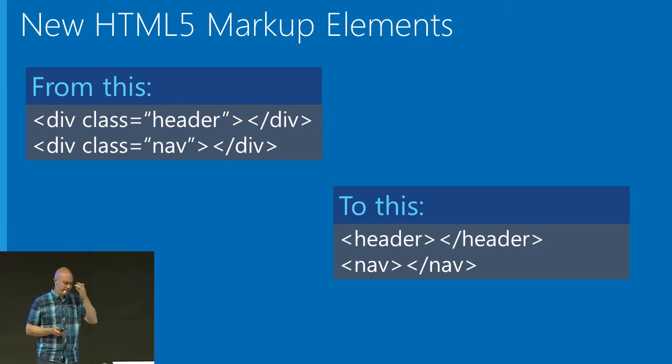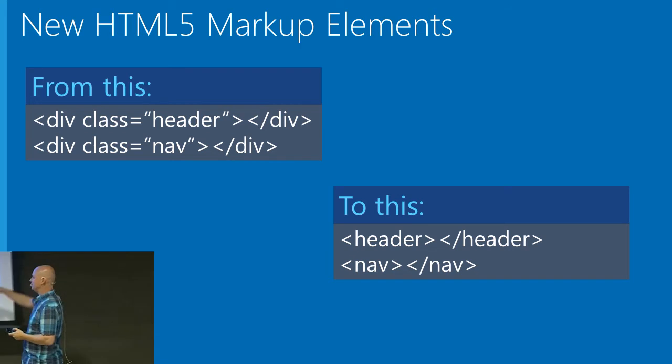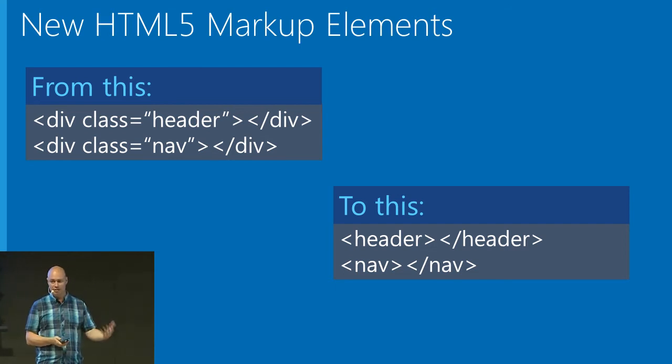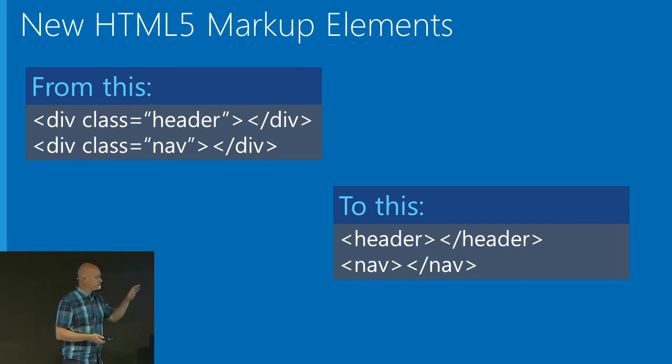There's no reason everyone needs to say div class equals header. So instead we now have things like header, nav, footer, article, aside, section, some common things that you'll see in a site. Now you can use those. Those are supported everywhere, all the way back to IE6.